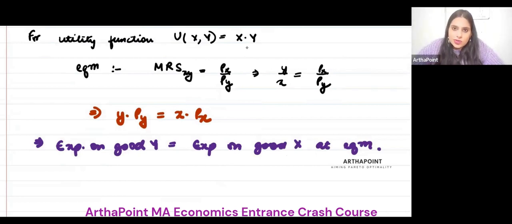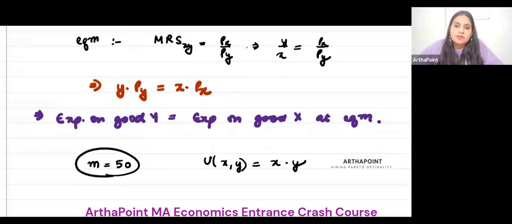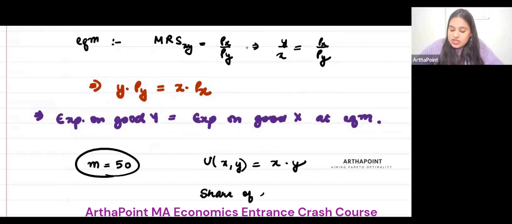Now think about this. If my income is 50 and I have given you in the question that the utility function is X into Y, and I'm asking you, what is your share of expenditure on good X?